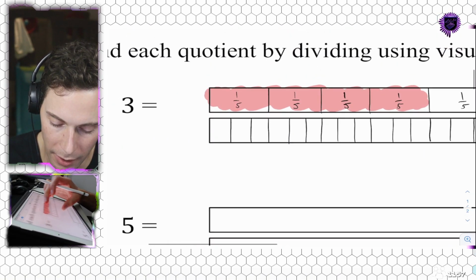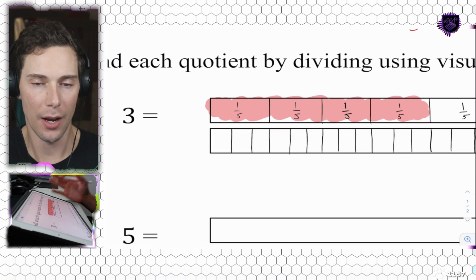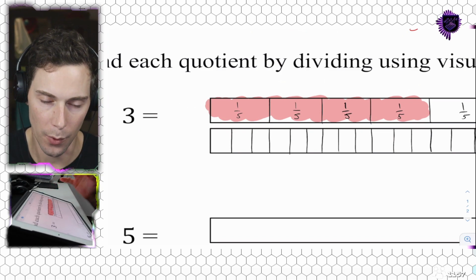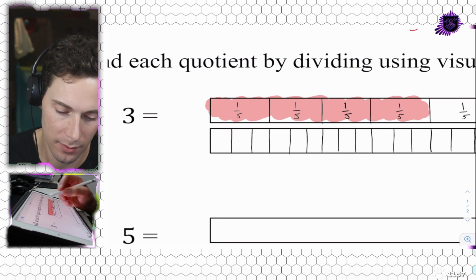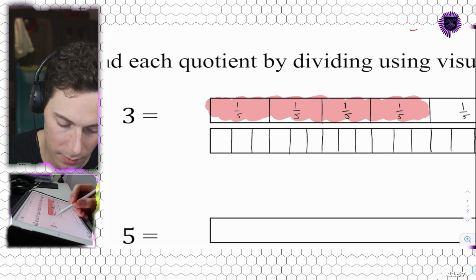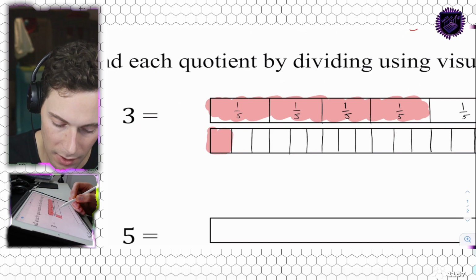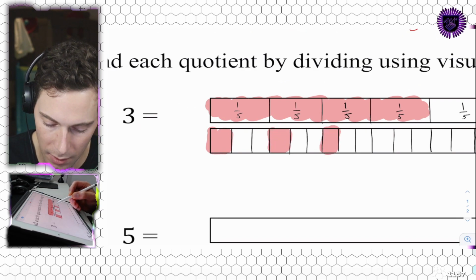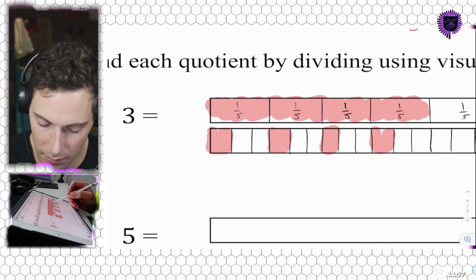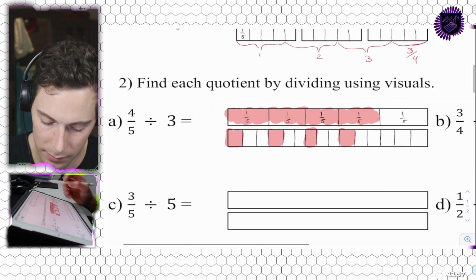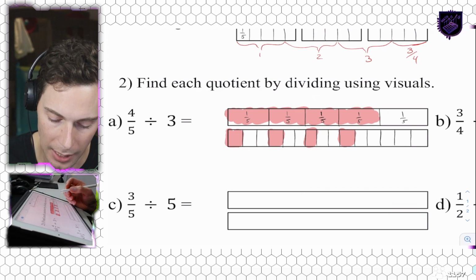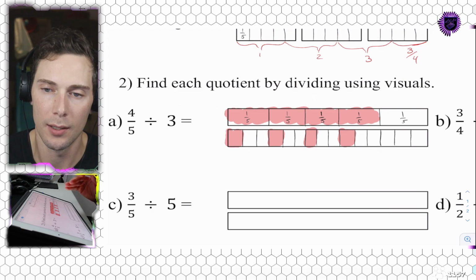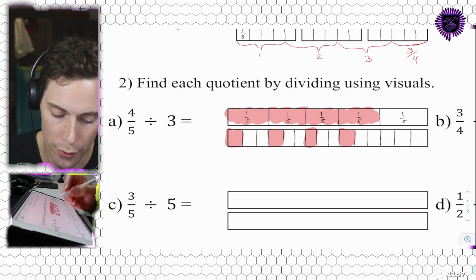And then of every fifth that we have, we're going to keep one of the 3 pieces. So we're going to keep this piece and this piece and this piece and this piece. And we're going to count how many pieces we have and how many pieces there are total for our new fraction, okay?